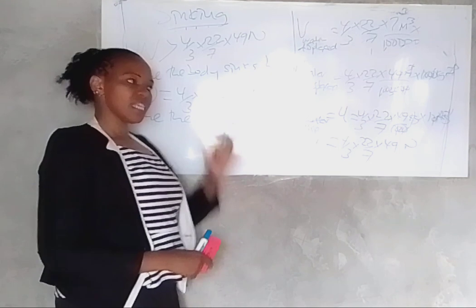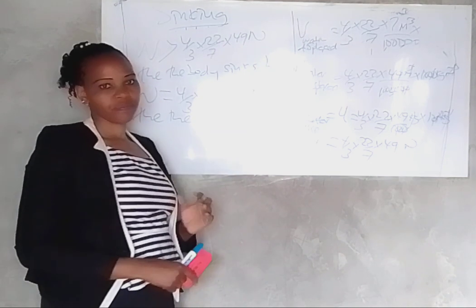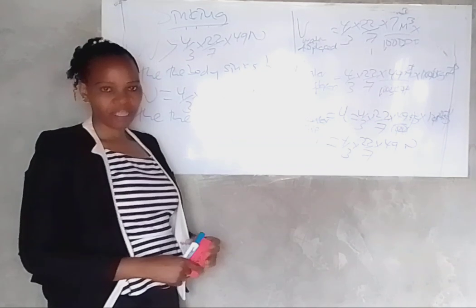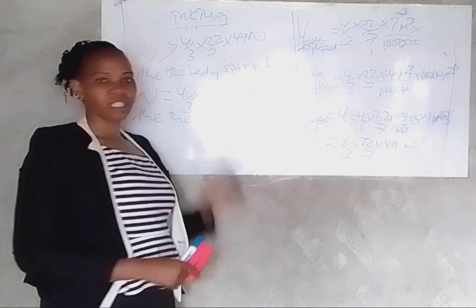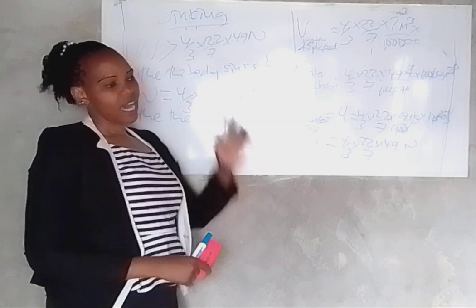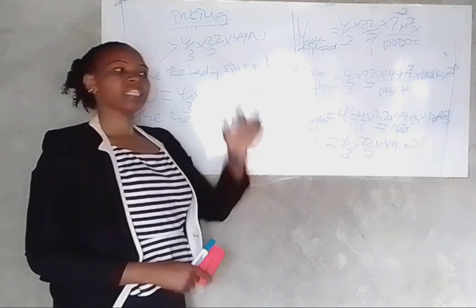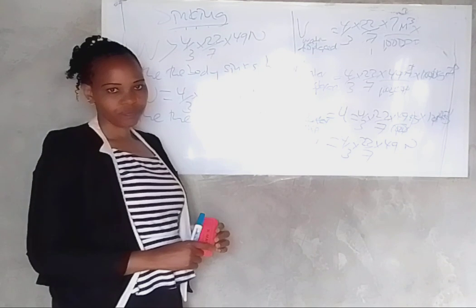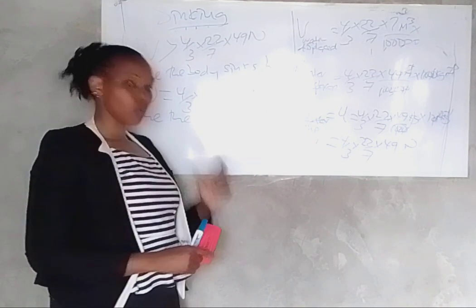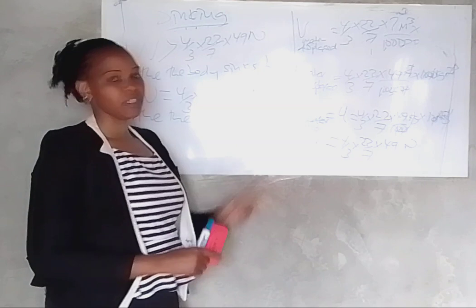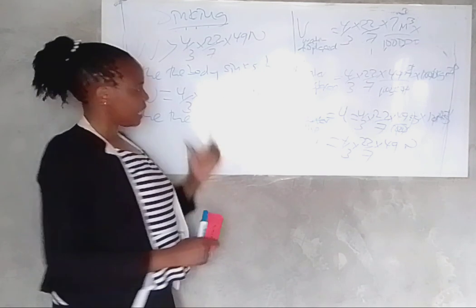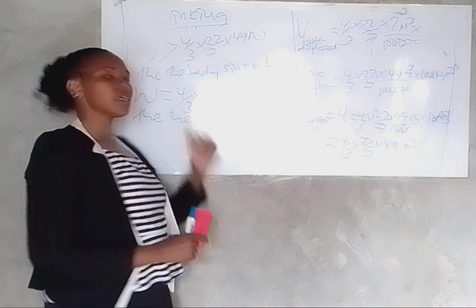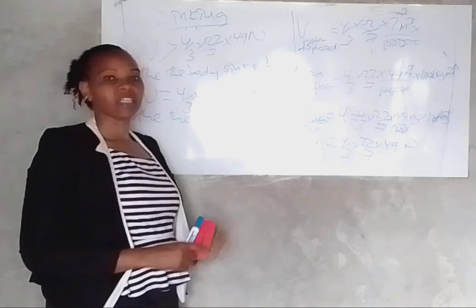Number three, if we are talking about sinking, where the object is totally inside the fluid, then the volume of the object and the volume of the fluid that is displaced by that object are equal. And the upthrust is equal to the weight of that fluid that is displaced by that object. And today we have seen that for an object to sink, its weight must be greater than the upthrust on that object.